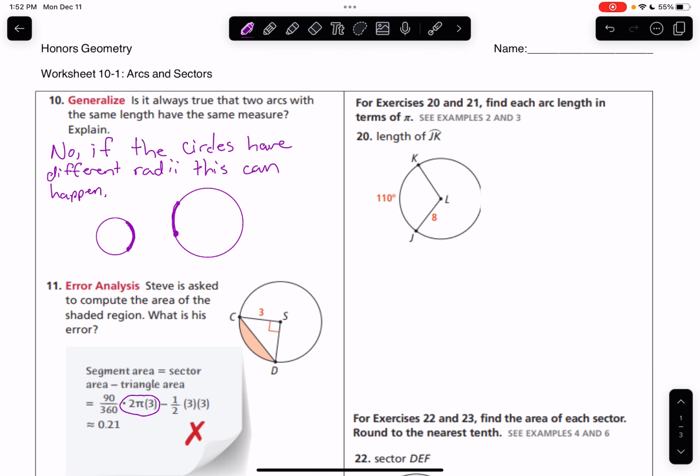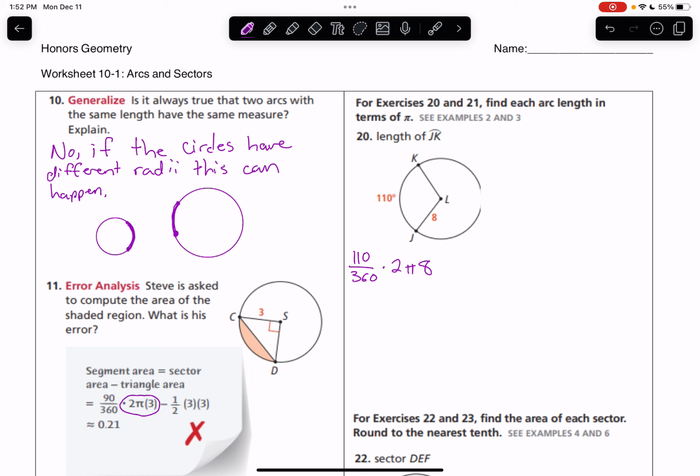Number 20, find each arc length in terms of pi. So if we want to find this arc length in terms of pi, we've got to find the fraction of the circle that we have, which would be 110 over 360 degrees. And we have to multiply that by the circumference of the entire circle, 2 pi r. In this case, the radius is 8.